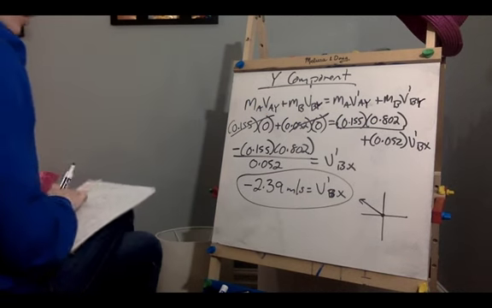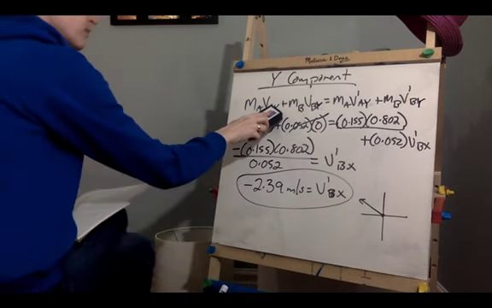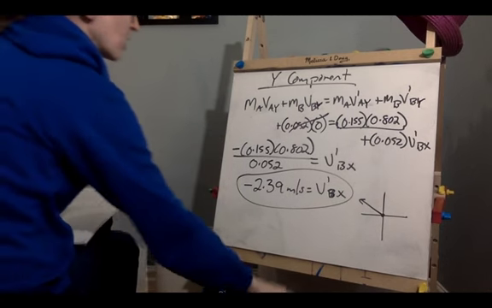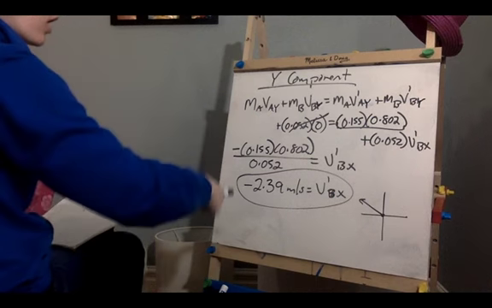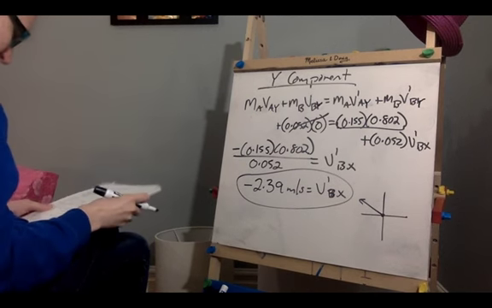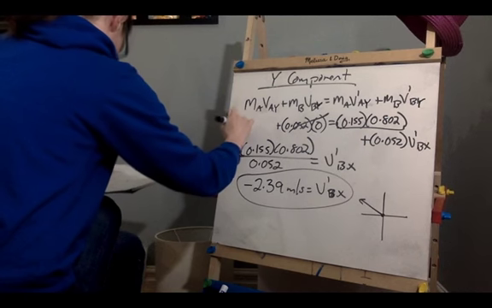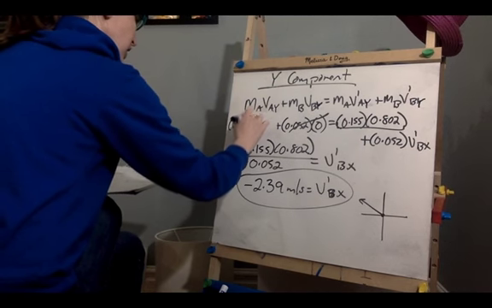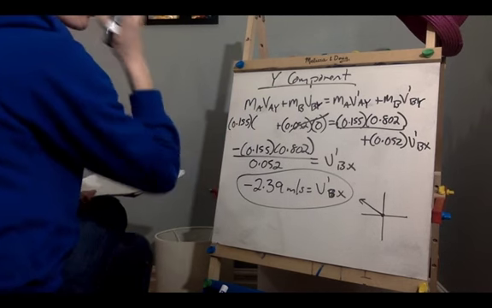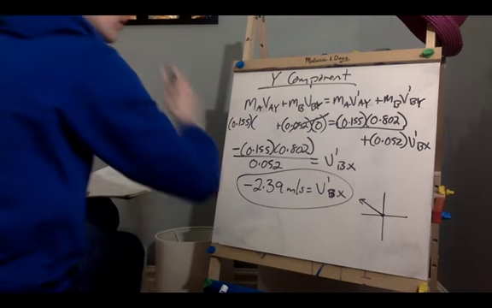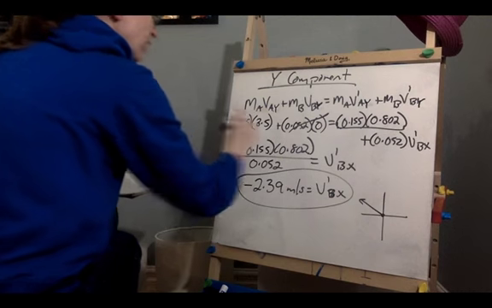Now when we go to fix this, for our first one, our velocity in the y wasn't 0, it was actually the 3.5 meters per second. So I can still have this 0.155 kilograms here, but the velocity of the billiard ball, the first object, in the y component was straight up 3.5 meters per second.